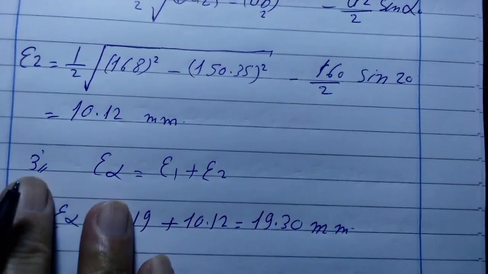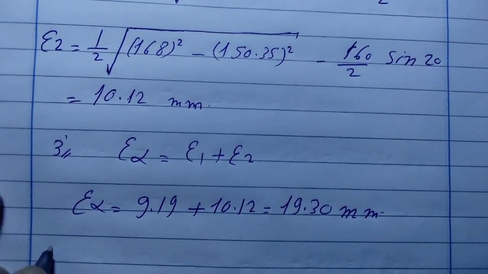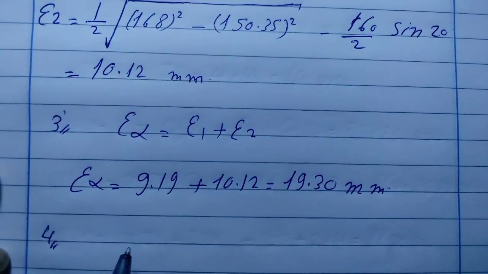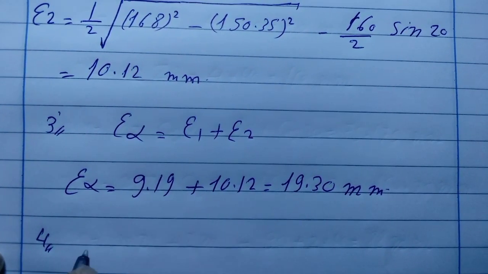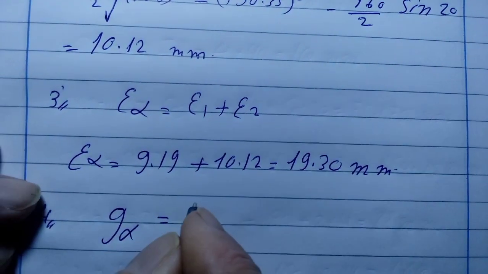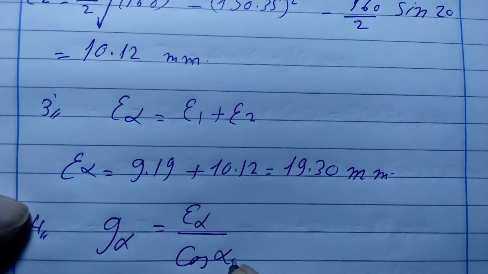Okay, now number 4, the length of arc of contact. The length of arc of contact, J alpha, will be E alpha divided by cosine alpha naught.